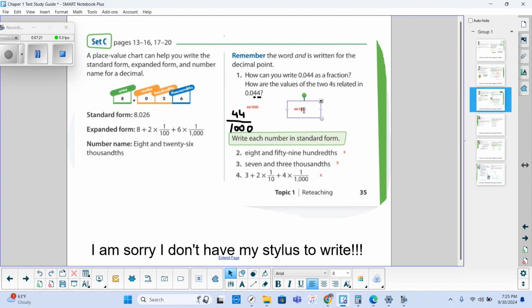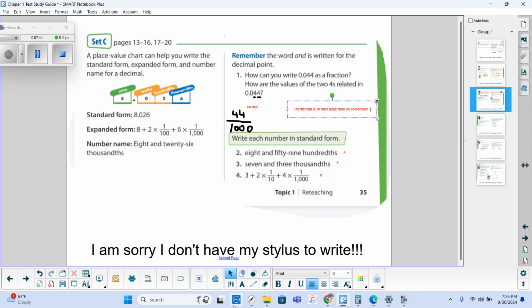It's kind of awkward to be doing this without a stylus, only a mouse. So the first 4 is 10 times larger than the second 4.